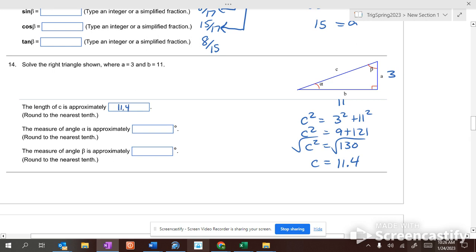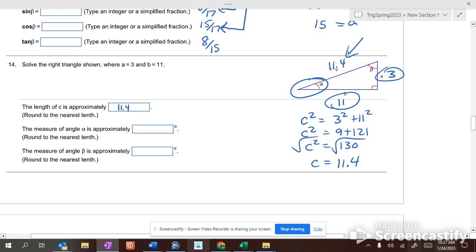And then, to find the measure of angle A, do you want to use sine, cosine, or tangent for this? The reason we want to use tangent is that these are not rounded answers. This is a rounded answer, which might throw your angle off.